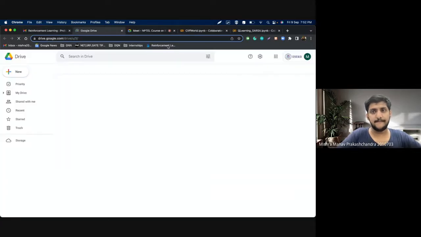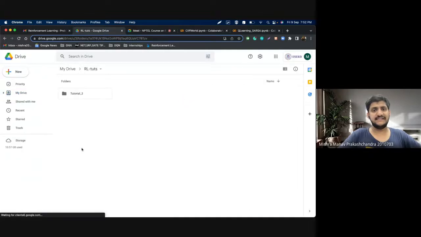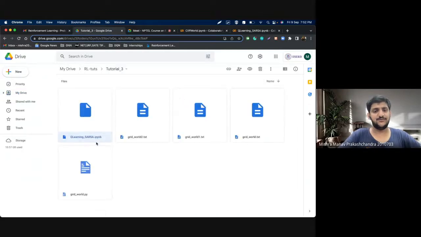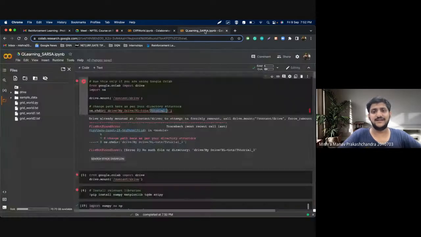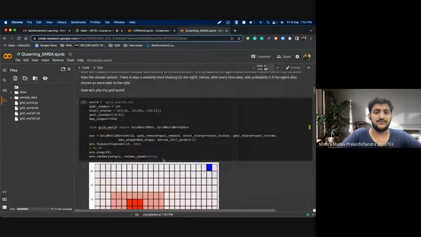Inside tutorial 3, I have these different things. I'm just specifying the path to that. To run this code, you just need to specify the path, and you can run the code.